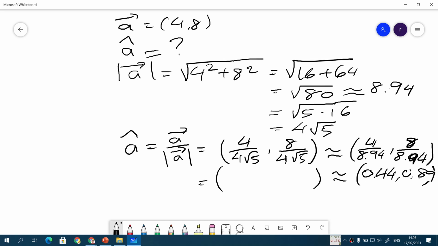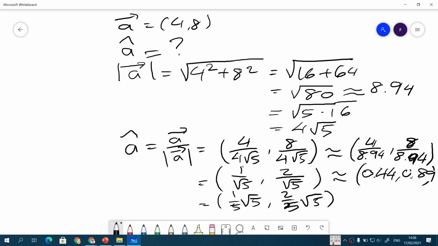Or if you don't have any calculator, I think you must remember your math class. Here I have 1 over square root of 5, and then I have 2 divided by the square root of 5 here, which results in 2 over square root of 5.